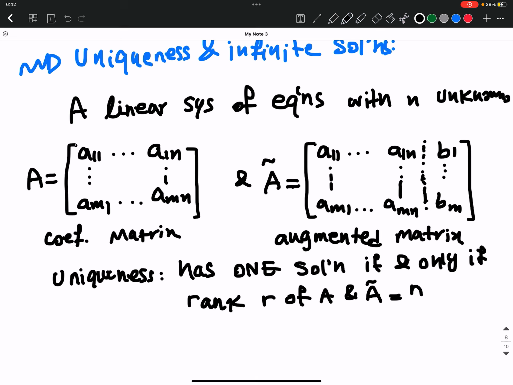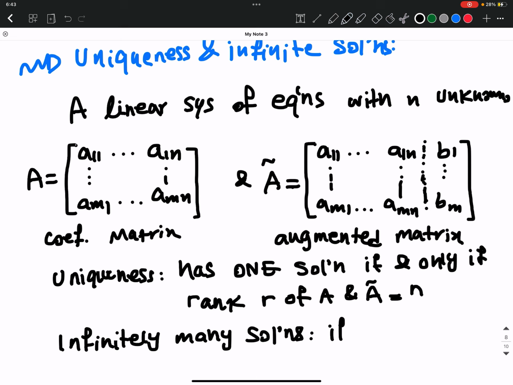On the other hand, we can have infinitely many solutions if the rank of matrix A is smaller than n, meaning we have fewer linearly independent equations than the number of unknowns.